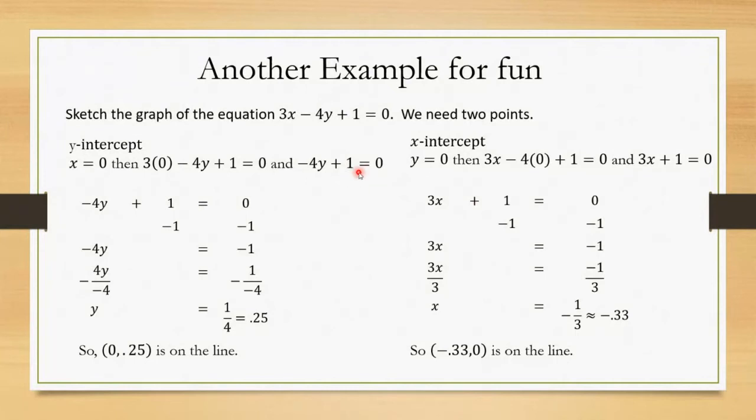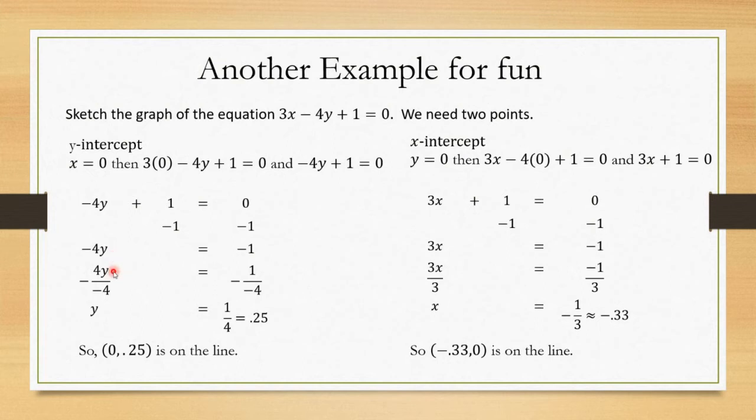You just solve for it. Namely, we can subtract 1 from both sides. And we want to get y all alone, so we have minus 4y equals minus 1. But to get y all alone, we divide by minus 4.